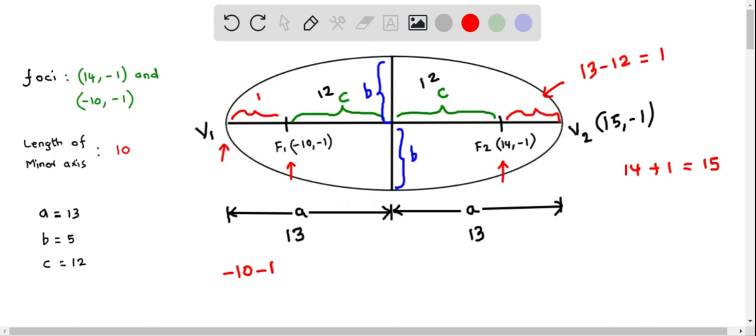When we do that, we get -10 minus 1, which equals -11. So this becomes the x coordinate of vertex 1, and the y coordinate remains the same. So the first vertex, which is labeled as V1, we can write down its coordinate as (-11, -1).